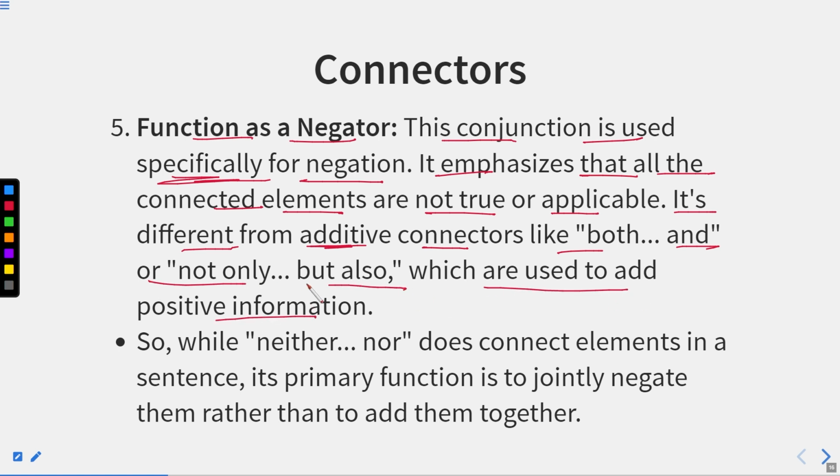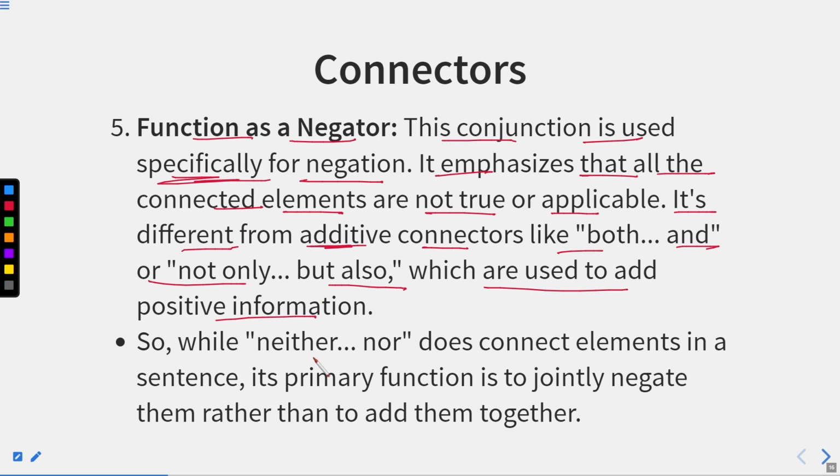It means the elements which are connected with neither nor are both considered not to be true and both are to be excluded. Okay, and they are used in the same pattern as that of not only but also and both and, but those serve as connectors of addition, while neither nor is not serving as a connector of addition.